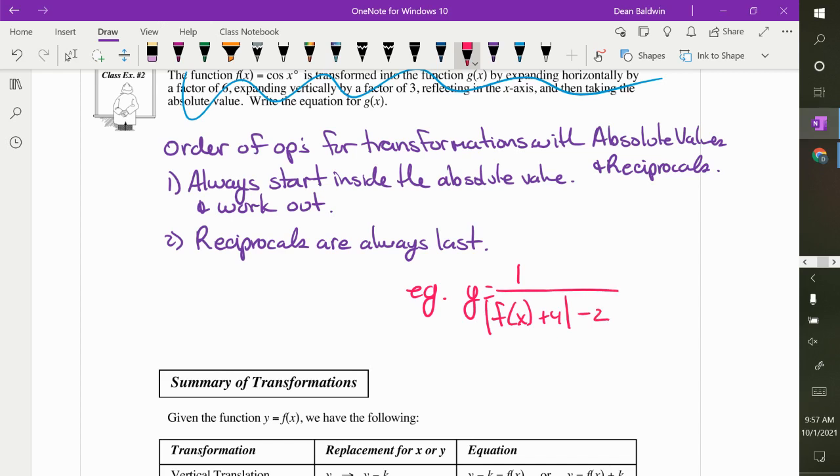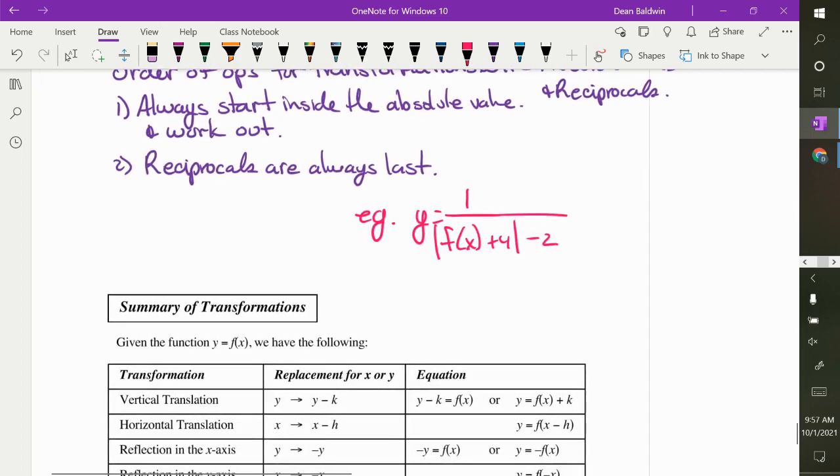If I gave you this and I said sketch, actually, let's make this f of x plus 4 absolute valued minus 2.